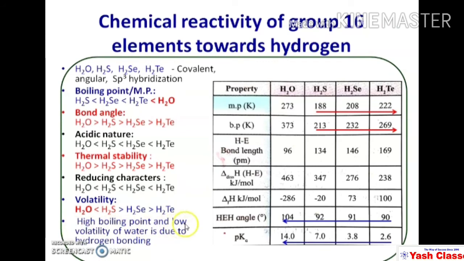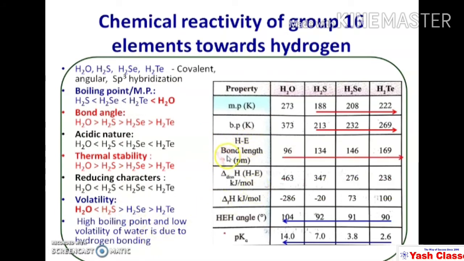So the high boiling point and low volatility of water are due to hydrogen bonding. So this is about the chemical reactivity of group 16 elements towards hydrogen. They form hydrides, and these are the various trends in the hydrides.